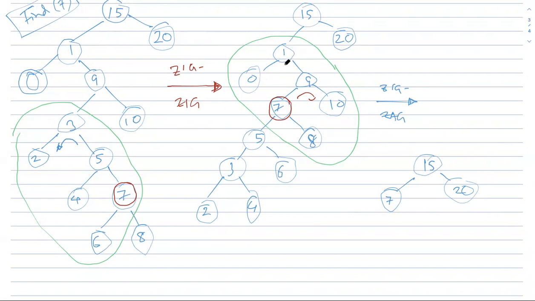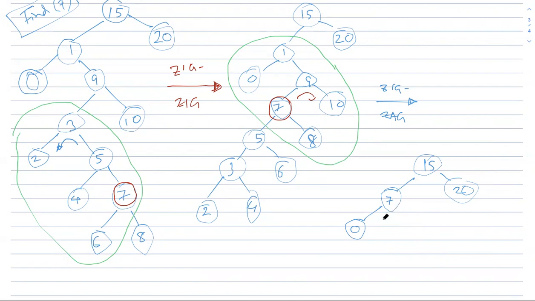So subtree for 1 has to come first, right? So we put 0 here. Then the subtree for 7 comes. So subtree for 7 is this whole 5, 6, and then you have no, this is not right.